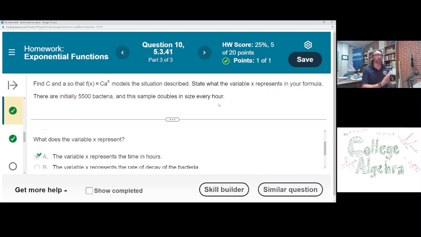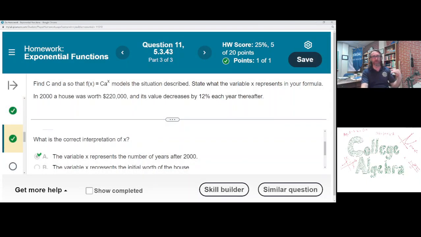So exponential functions are really useful for percentage increase, percentage decrease scenarios. They're great for modeling population, modeling financial scenarios where you're earning interest or the value of something is dropping, as in the case of the house. So the base of your exponential function is based on the percentage increase or decrease that you're experiencing.